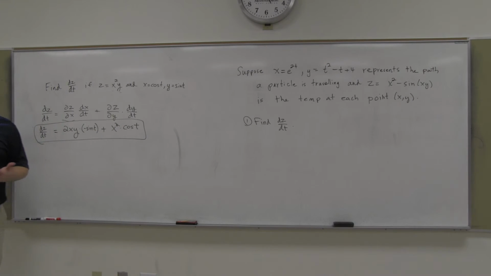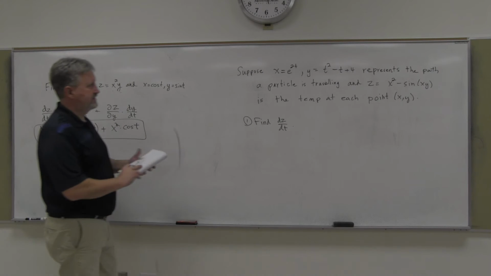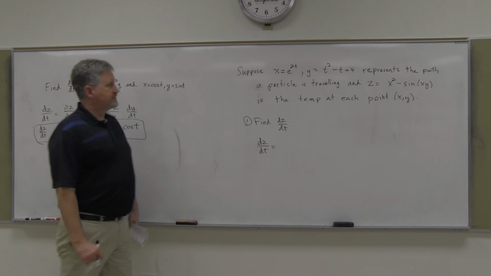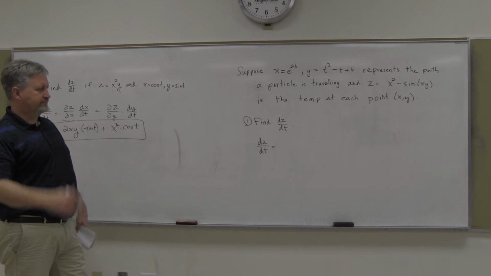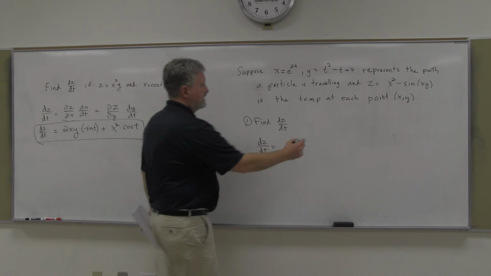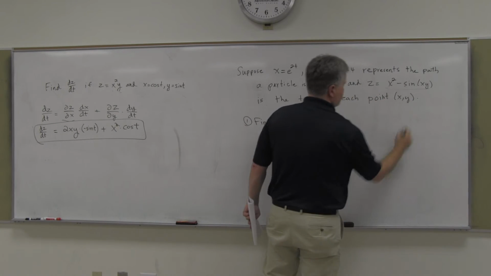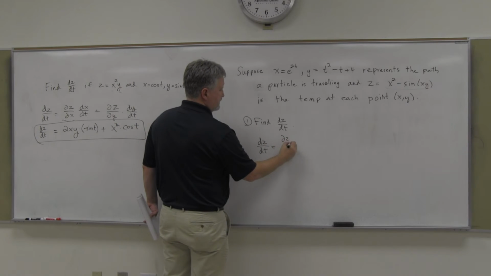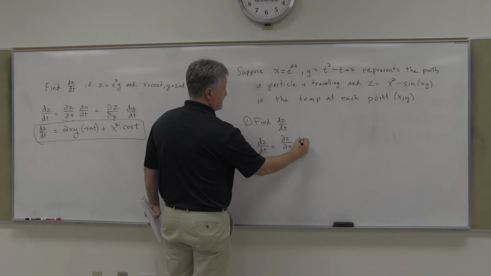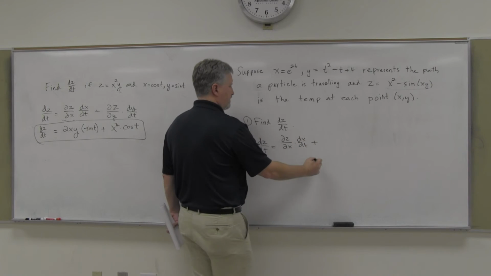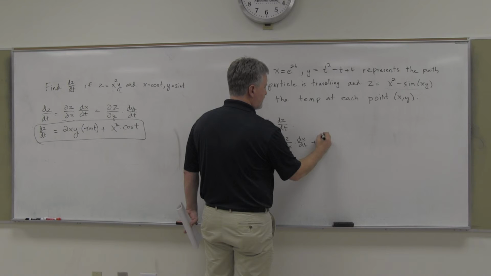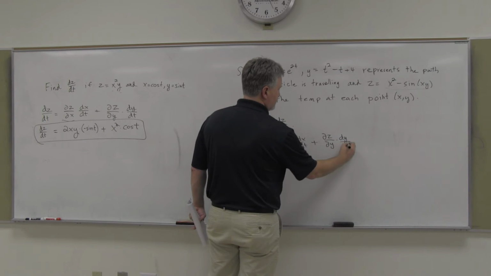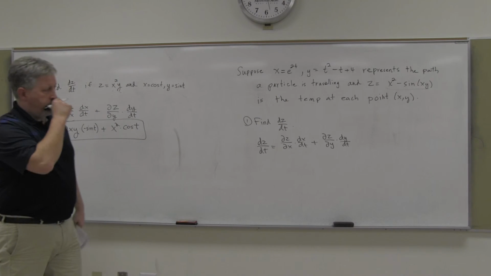So same thing, we're just going to find the derivative of z with respect to t. So again, we just have to go through the pieces. z is given in terms of x and y, so we need to do the partial of z with respect to x times dx over dt plus then the partial of z with respect to y times dy over dt.